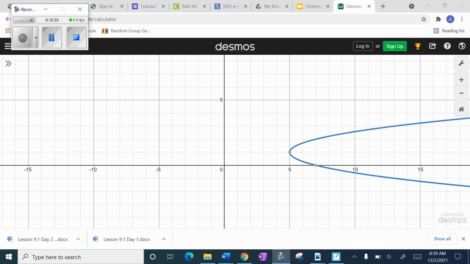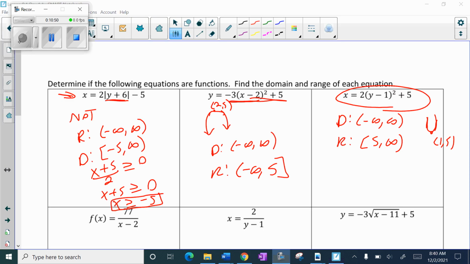So let's just look at the graph and see if we can figure out the domain and range. So the range is going to be -infinity to positive infinity now, and my domain is going to be 5 to infinity. So notice if I just pretended that this was a regular y equals x squared, it'd be a regular parabola.